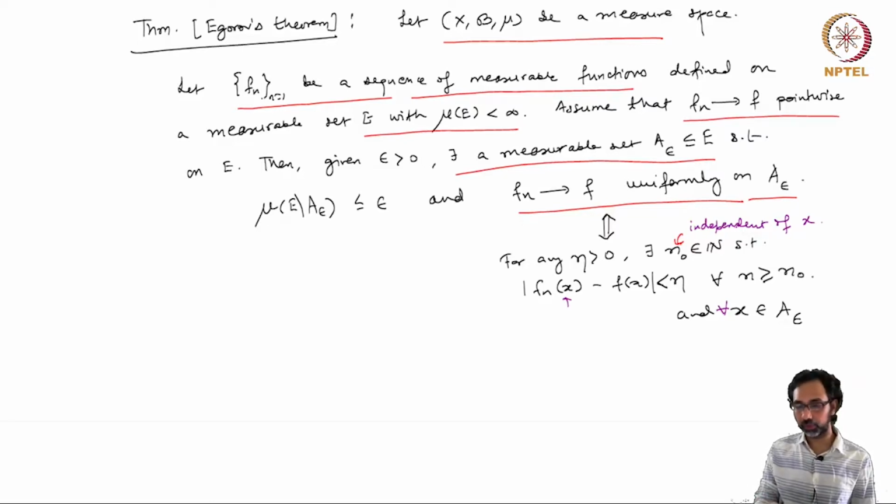Of course we have to make sure that our assumptions are correct, which is that the convergence should be on a measurable set with finite measure, and then we can make the statement that it is uniformly convergent outside a set of measure less than or equal to epsilon. So let's see the proof of Egorov's theorem. Proof.